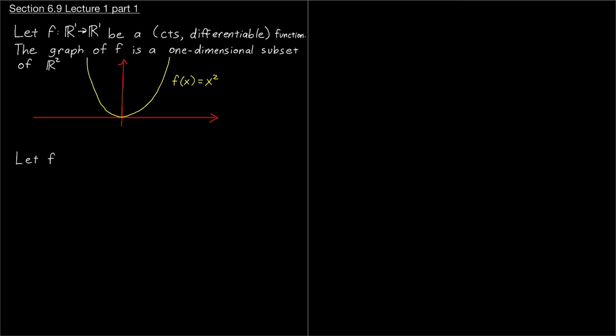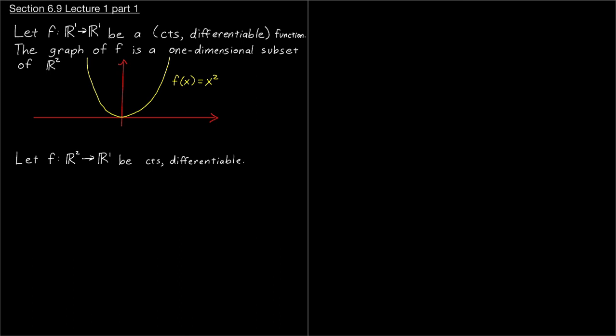So now let's let f be a function that goes from R2 to R, or rather R1. And we'll suppose it is continuous and differentiable and all that good stuff.